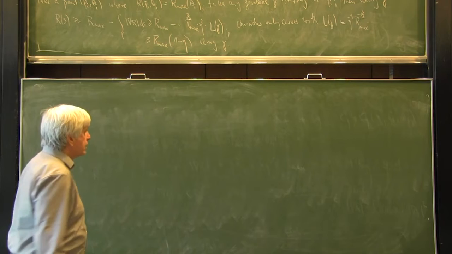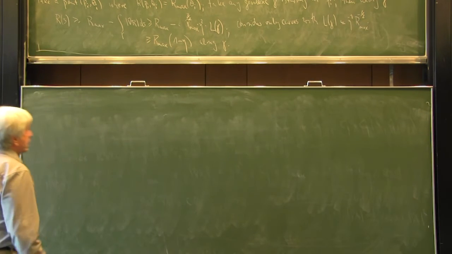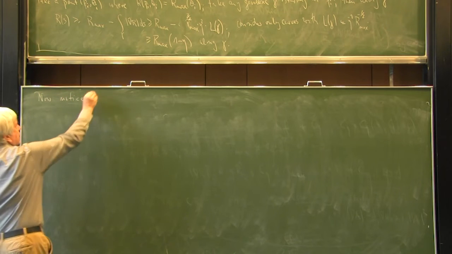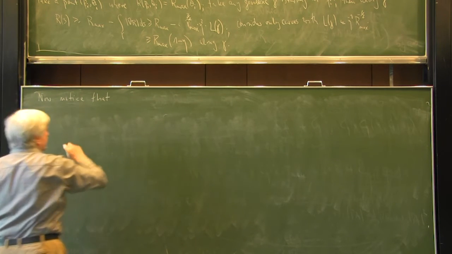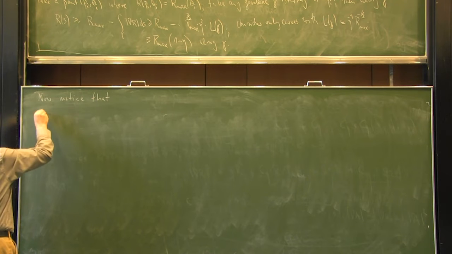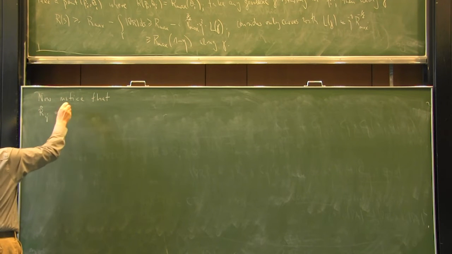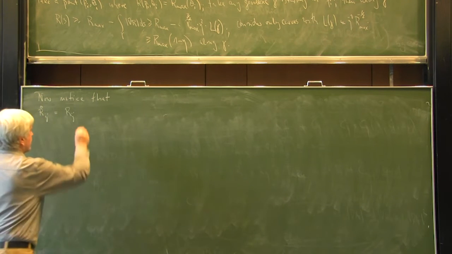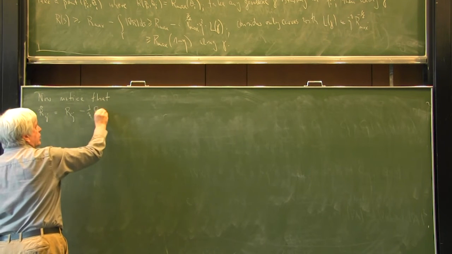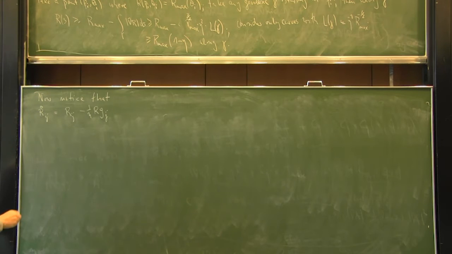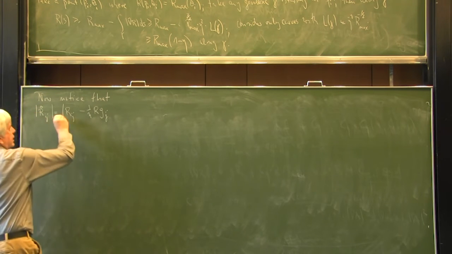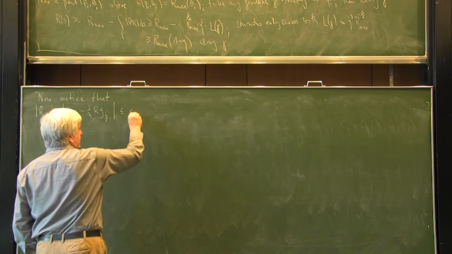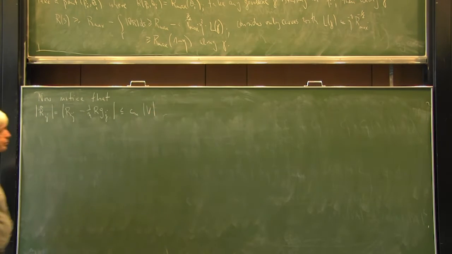Okay, so now notice that the trace-free Ricci, which is the Ricci tensor minus 1 over n times the scalar curvature times Gij, is less than some constant depending on n times the norm of v.